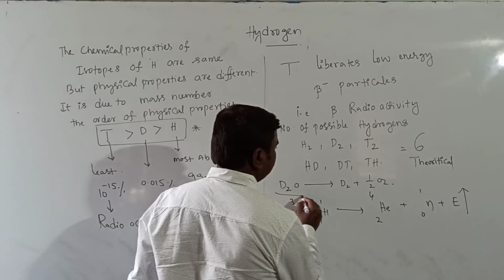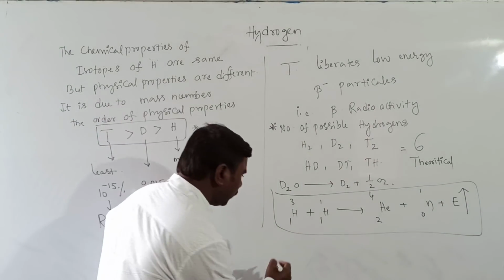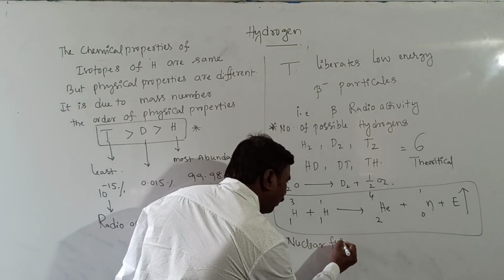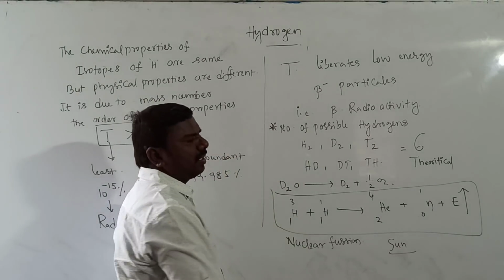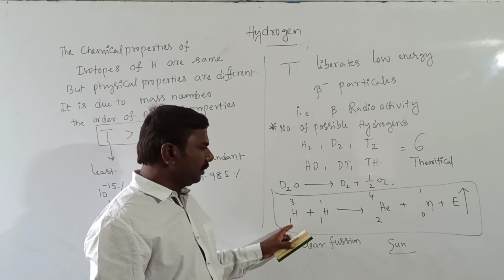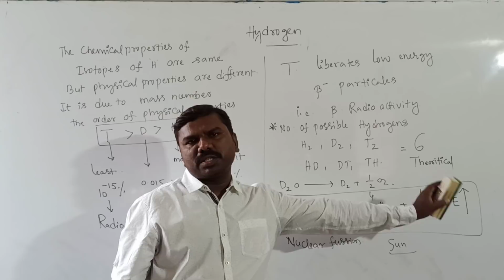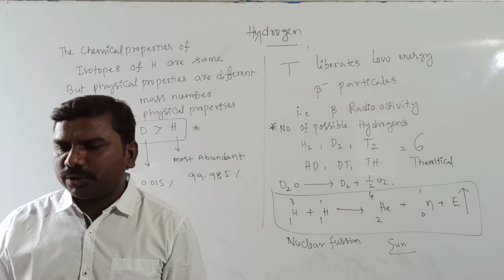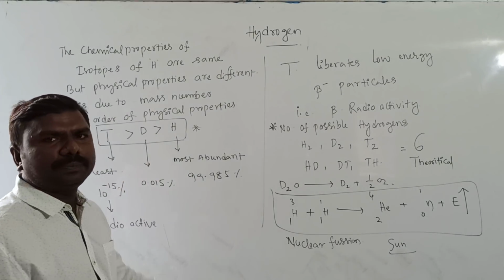This reaction you can study in your physics also: nuclear fusion. It is present in the sun. The large amount of energy available in the sun is due to this reaction. Helium is an alpha particle and neutrons will be liberated. Right? So these are the isotopes of hydrogen.